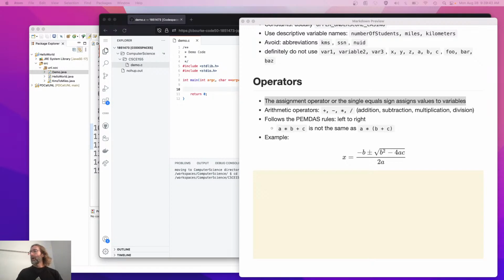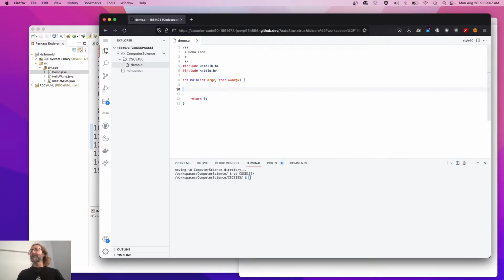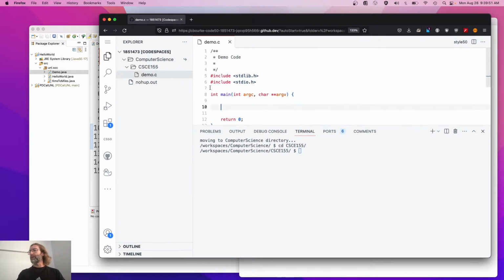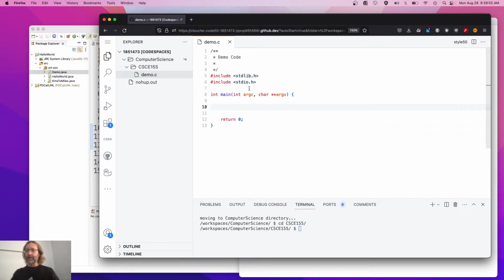Right? Okay, so let's come over here and try to do that in, say, C. First of all, I need some variables, right? Is this big enough for everyone? I don't know how big it will be on the live stream, but I'm broadcasting in 4K, so it should be okay. Right? So int a is equal to 10. Int b is equal to 20, int c is equal to 30. There we go.